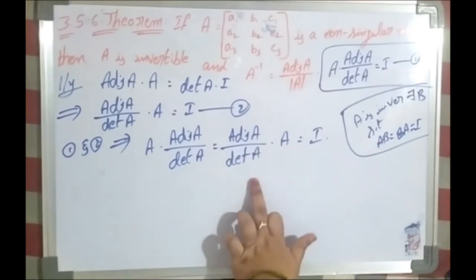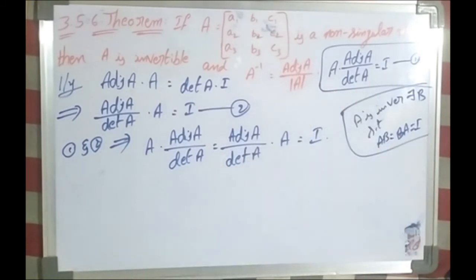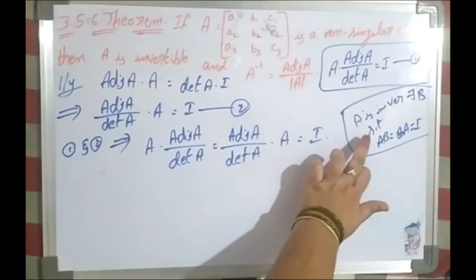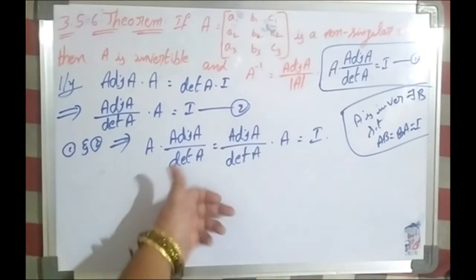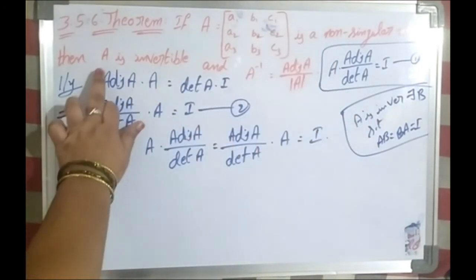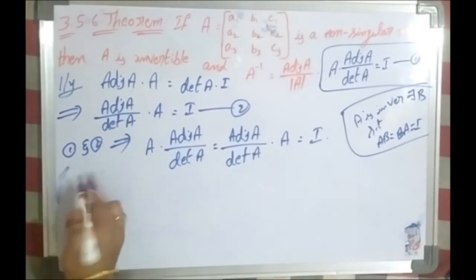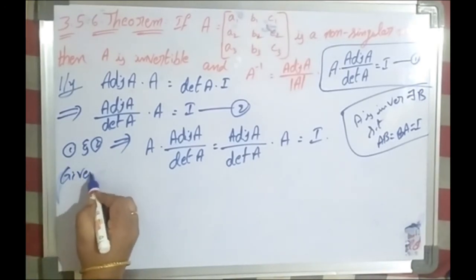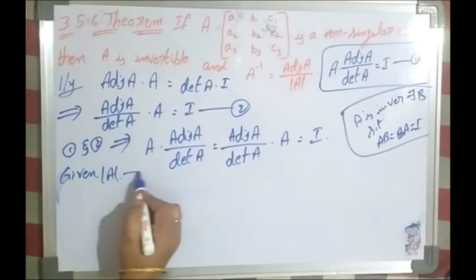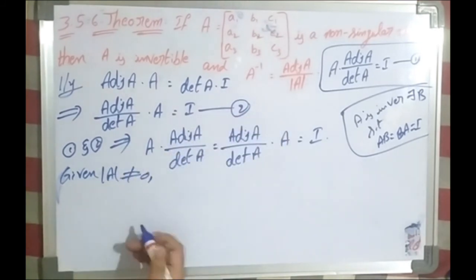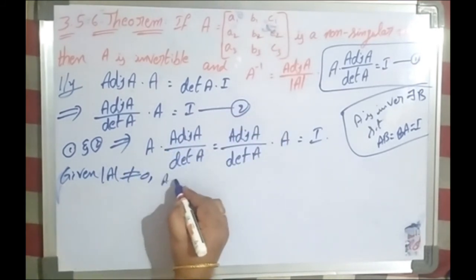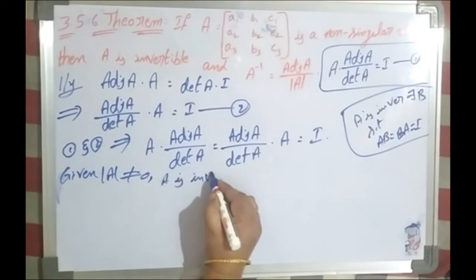We use this definition because A is a non-singular matrix and also A is invertible. Given that determinant of A is not equal to 0, that means A is non-singular, and also A is invertible.